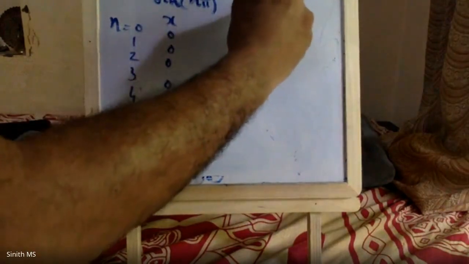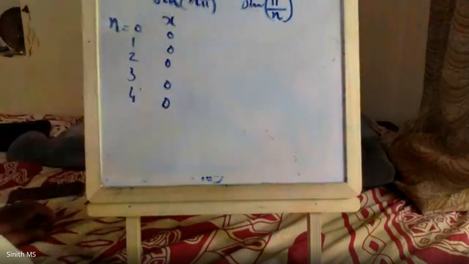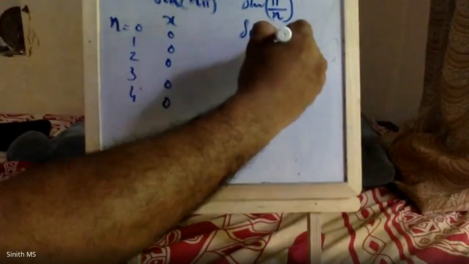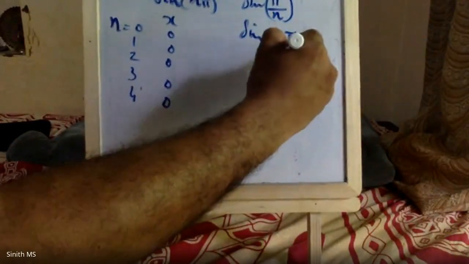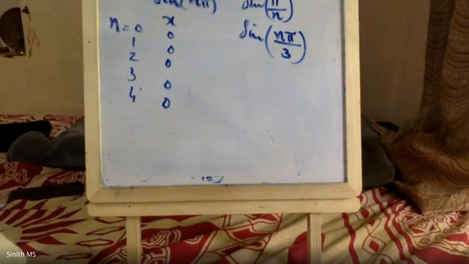So now let us take sine pi by n. Is it a periodic signal or aperiodic signal? And let us consider another signal also, sine n pi by 3. What can you tell about these two signals?